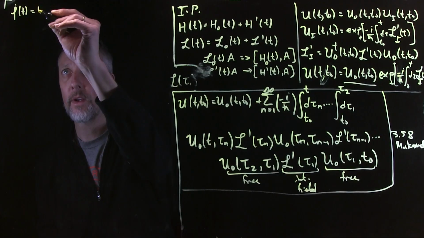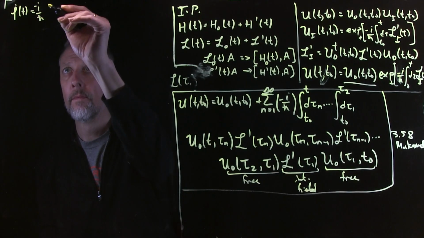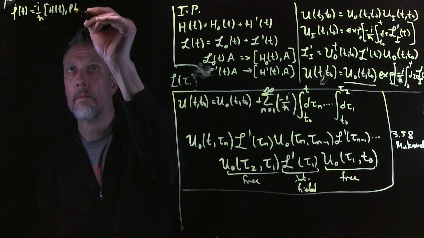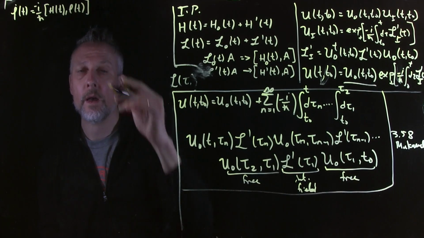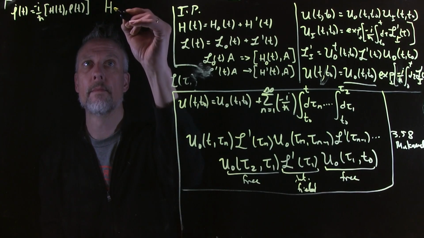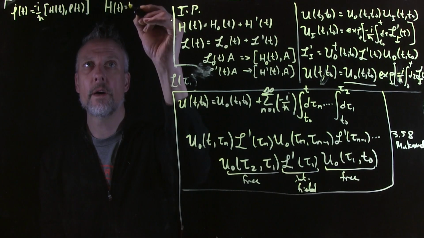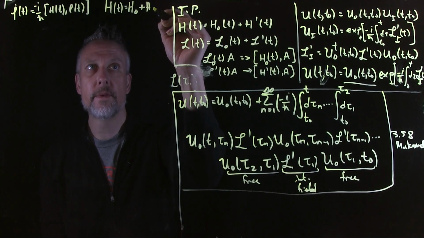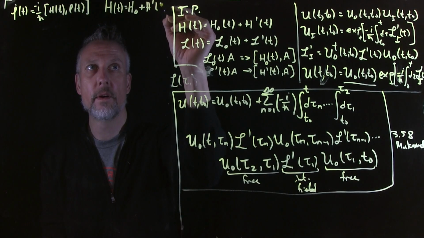We start with the Liouville equation. We're going to break the Hamiltonian into two pieces. So we're going to call it H naught plus an interaction, H primed of t.